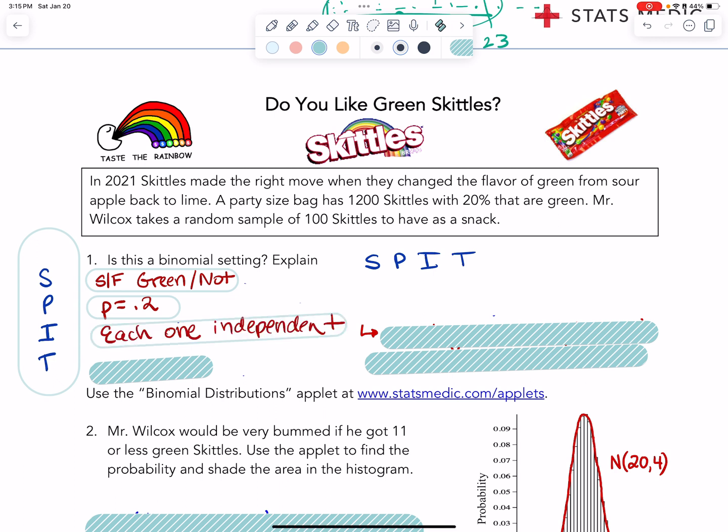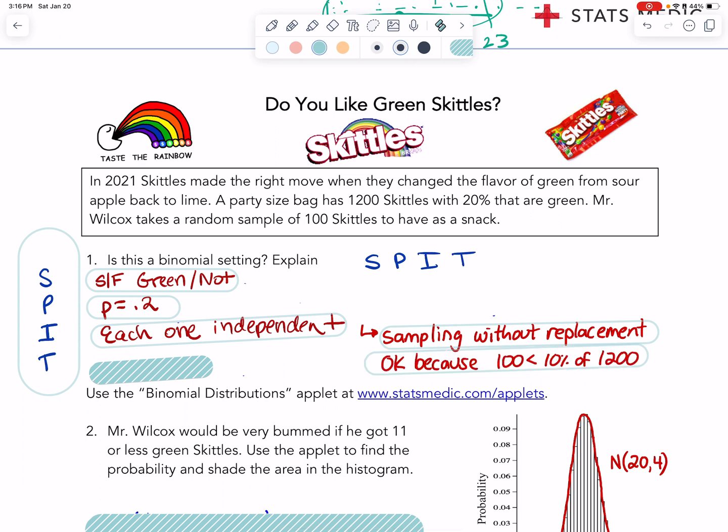Independent. Okay, this one is interesting. Independent means one doesn't affect the next, but if I take one out, then I've taken one out of the mix, and if it's not green, I'm going to have a greater chance that the next one will be green. Because I'm sampling without replacement, without putting it back, I have to be careful.